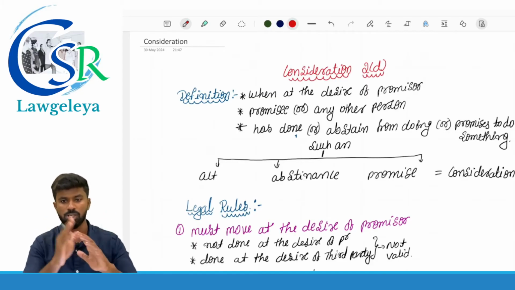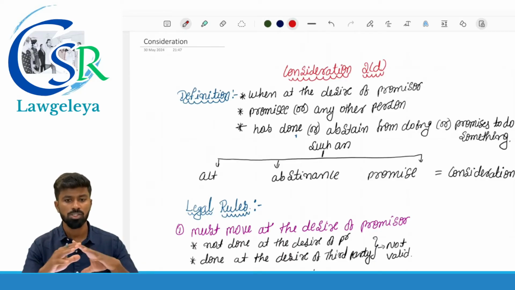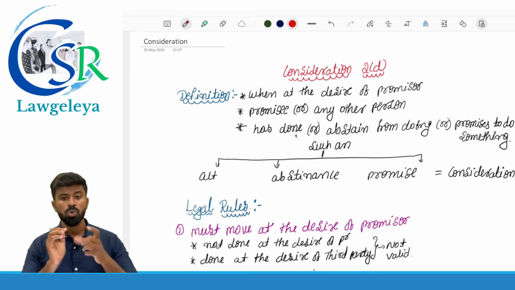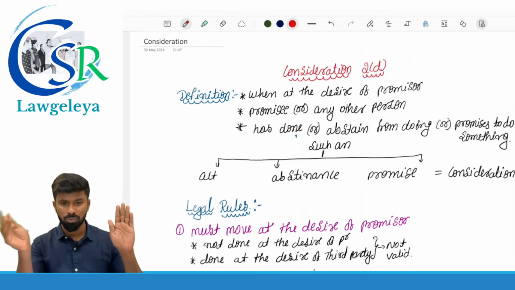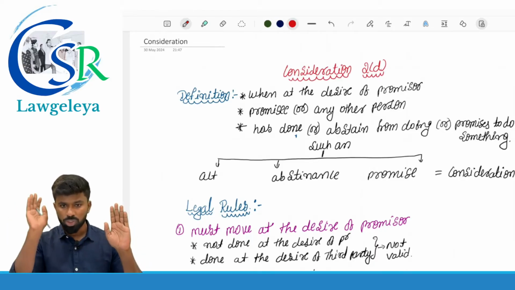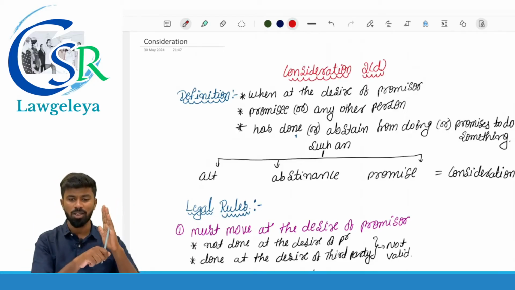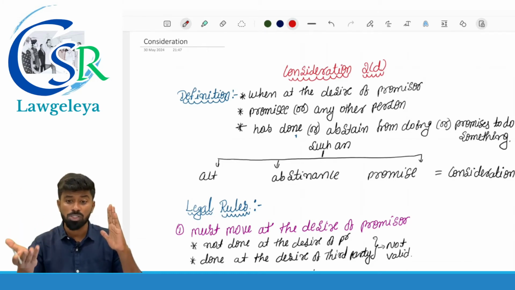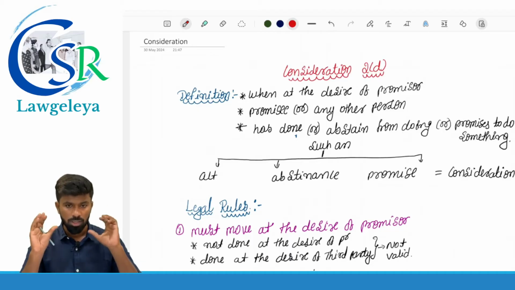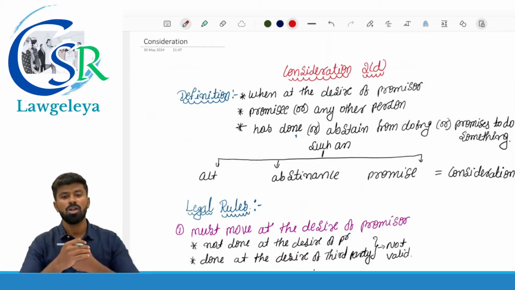Every promise must have consideration. Without consideration, a promise is invalid. We don't care who is doing it, but he should do it at whose desire? Promisor's desire.